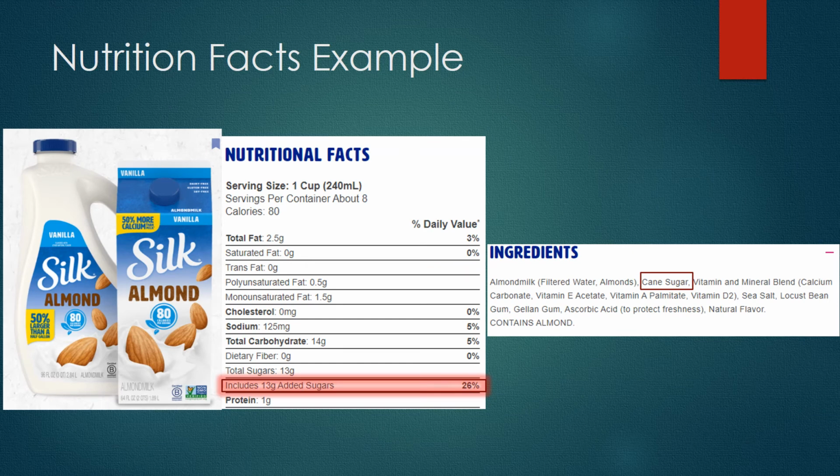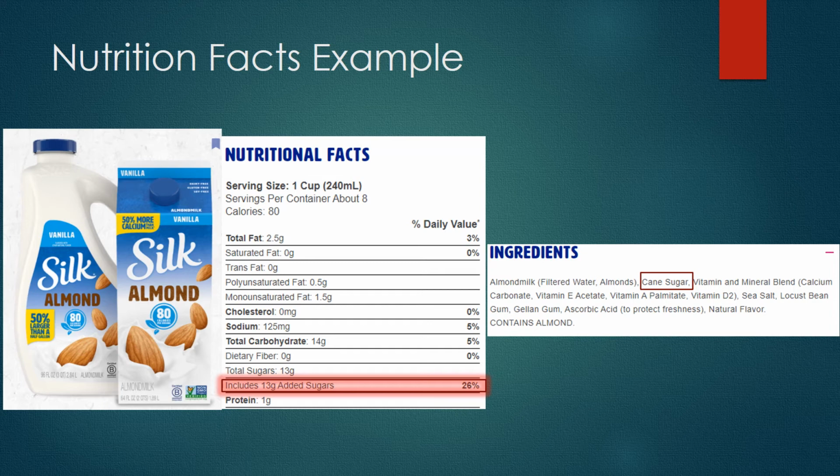So here we have a sweetened vanilla almond milk. On the nutrition facts, 1 cup, or 8 ounces, contains 13 grams of total sugars. Of this, 13 grams are added sugars. That's about 3 teaspoons in this 8-ounce serving.